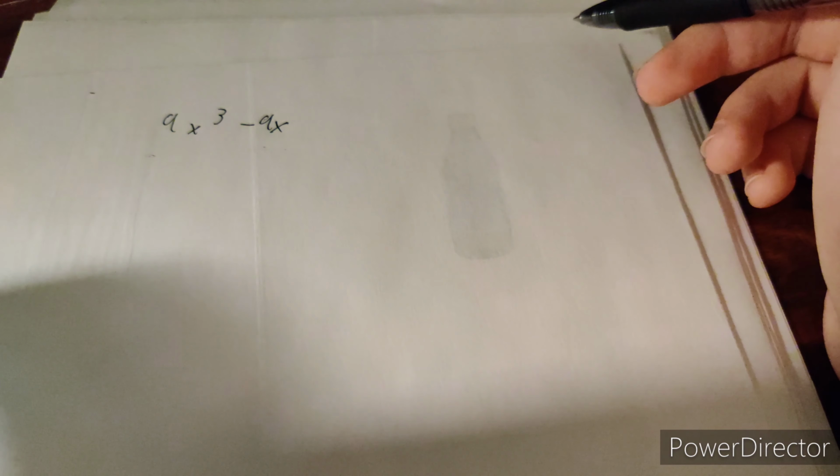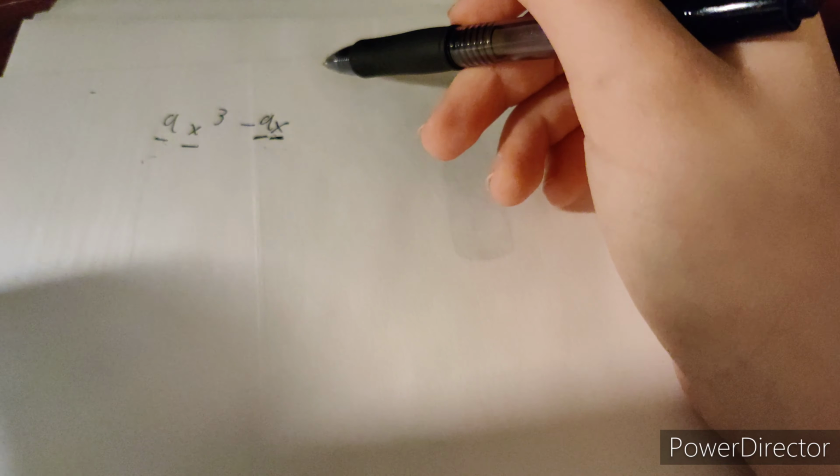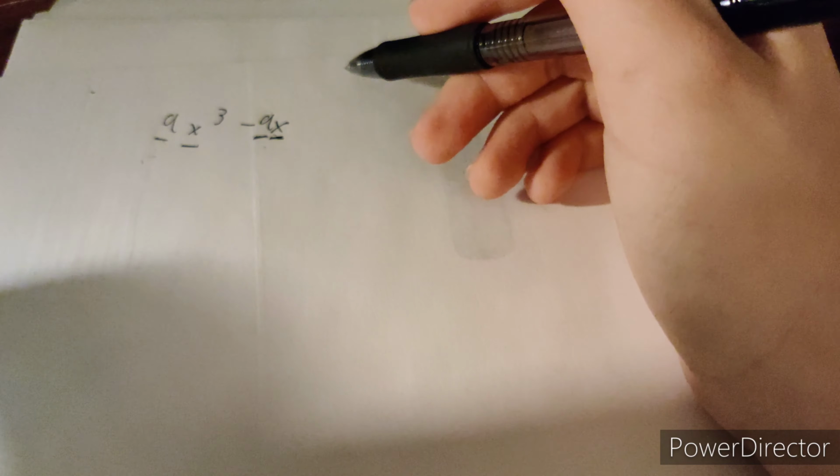So what you would do is 9x cubed minus 9x. Because they both have an x in them, we know we can take out an x. And because they both have a 9 in them, you can take out a 9. Now you're saying, oh, but this is a negative 9. Surely you cannot take out a 9.